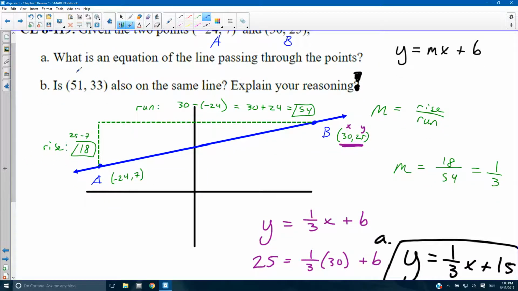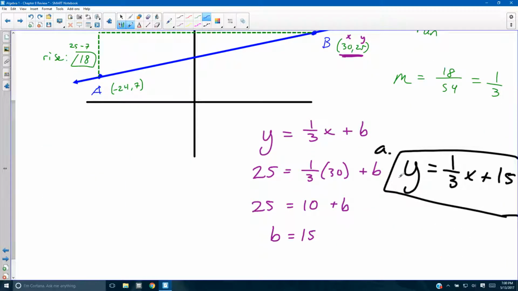Here's the thing. This is also an xy value. And like this equation right here, one thing that makes points on the line true is if I plug in an x and y value, it would make the left side equal the right side. For example, look at this point A right here, negative 24 and 7. What if I put 7 in for y, negative 24 in for x, and I just computed this right side.